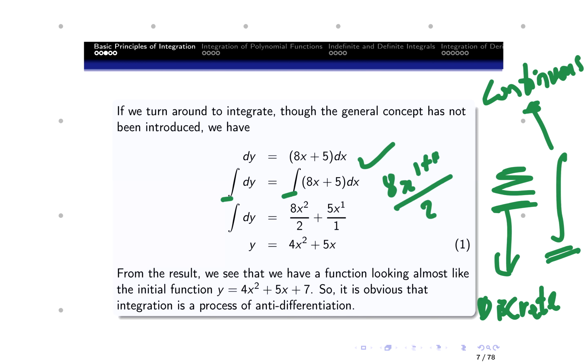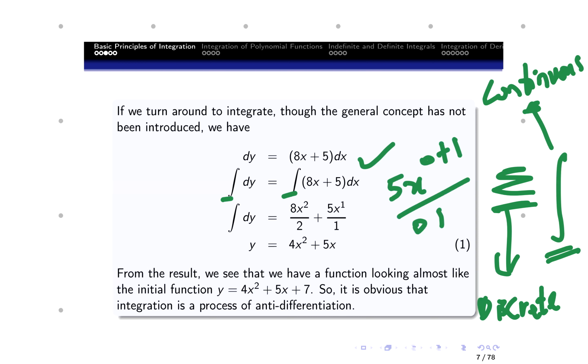Because 8x has power 1, that's 8x squared divided by 2. Then for 5, you can see 5 as 5x raised to power 0. To integrate that, add 1 to the 0 and divide by the new power, which is 0 plus 1. So you have 5x raised to power 1 divided by 1. So that's how to integrate.